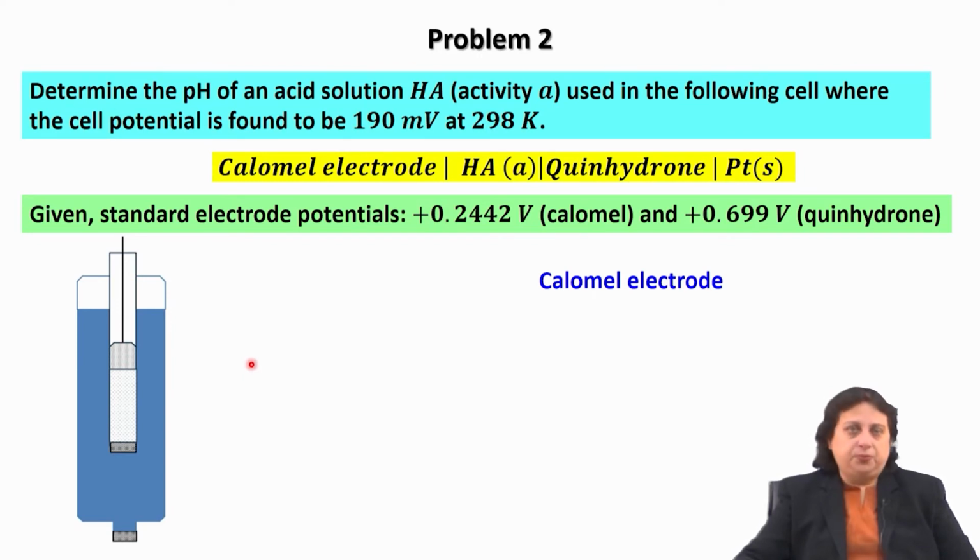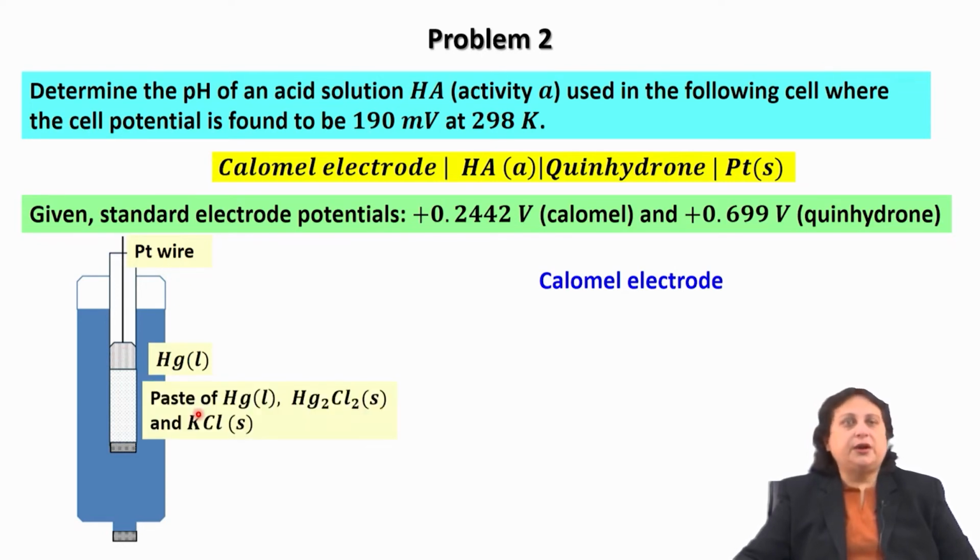So, let me point out the different components of the electrode. You have a platinum wire which is dipped in liquid mercury, which is present here, and this is in contact with a paste of liquid mercury, mercurous chloride solid and potassium chloride solid. And this entire tube is immersed in an aqueous saturated solution of potassium chloride.